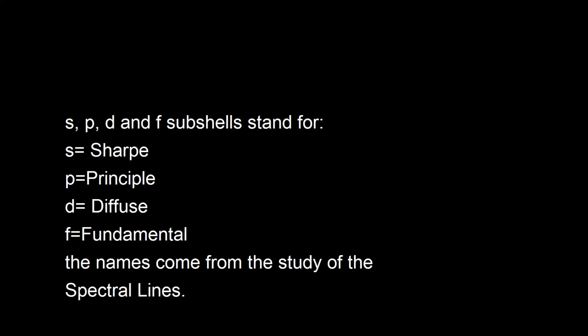The S subshell stands for sharp, P stands for principal, D stands for diffuse, F stands for fundamental. That's SPDF. The names sharp, principal, diffuse, fundamental come from the spectral lines.